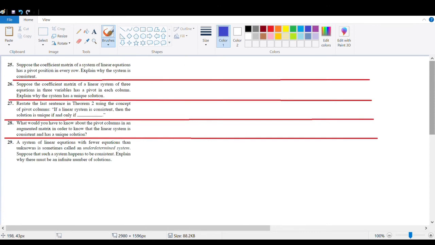25. Suppose the coefficient matrix of a system of linear equations has a pivot position in every row. Explain why the system is consistent.